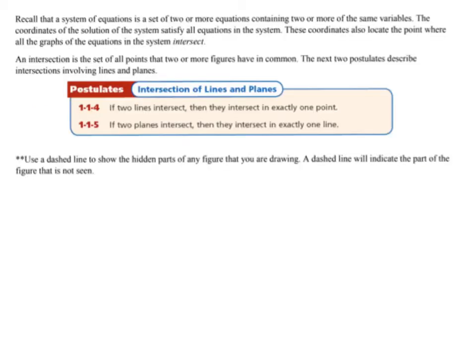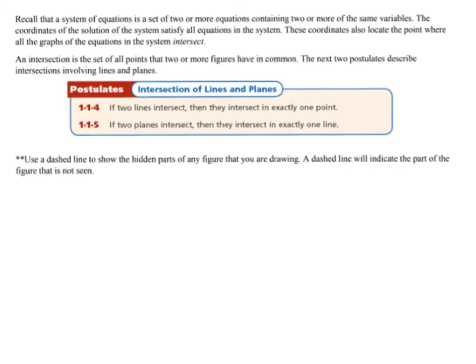Now, if you remember from algebra, there was a unit about systems of equations. That was where you had 2 variable equations, and you determined, using either substitution or elimination algebraically, what x and y values made both of those equations true.